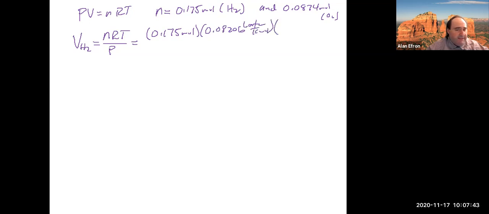Our temperature, because it's STP, would be 273, and our pressure would be 1 atmosphere, again, because it's STP. Everybody's going to cancel out here except for liters, which is good. And if we do all that, 0.175 times 0.08206 times the 273 is going to give us 3.92 liters of H2.